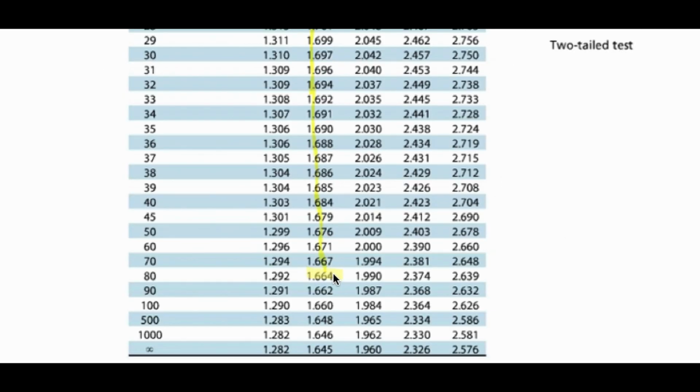Now the closest ones would be 1.664 and 1.662. I'm going to go with this one because less degrees of freedom would be worse. We'll go with the worst case scenario, 1.664.